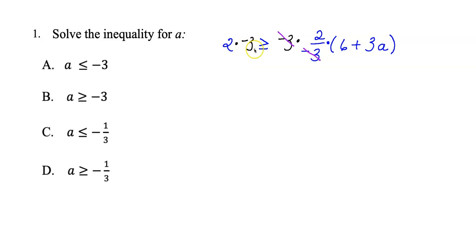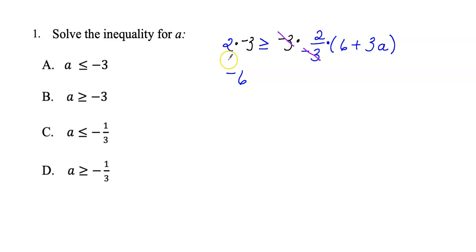And on the left-hand side, I will multiply 2 times negative 3. Well, 2 times 3 is 6. And then bring down your negative sign. Now the next thing I need to do is bring down my inequality symbol. But be careful here. There is a very important rule with inequalities.